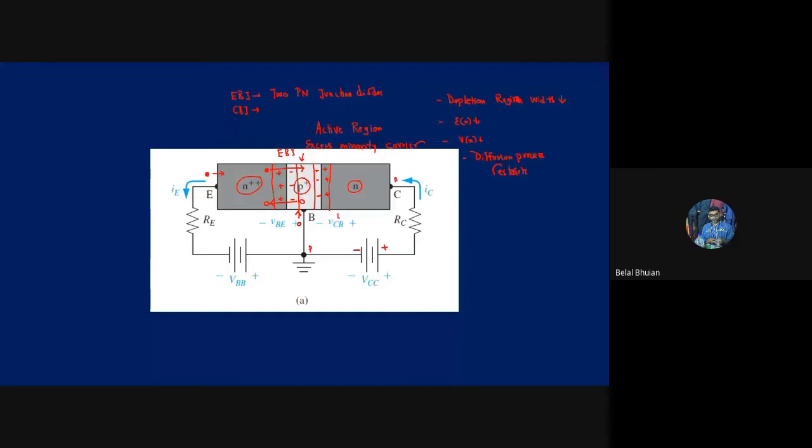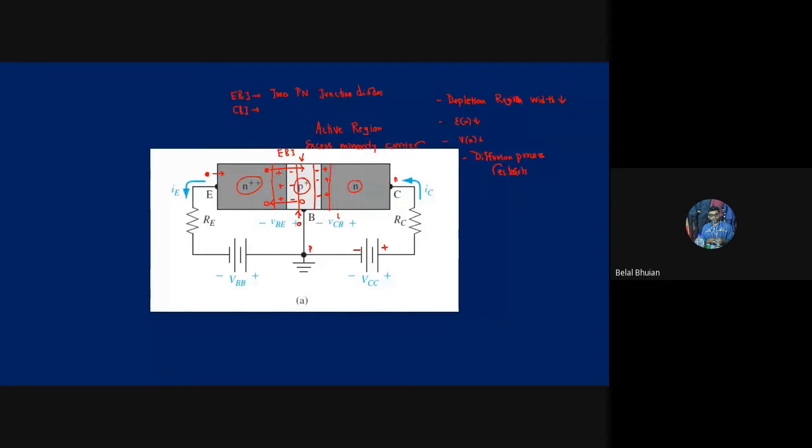On the other hand, if the junction is reverse biased, we already learned that the concentration of total minority carrier at the depletion region edge is 0.